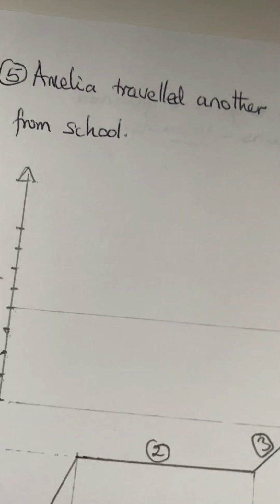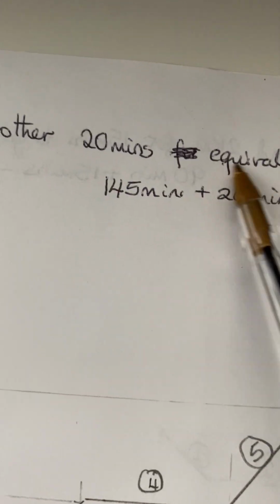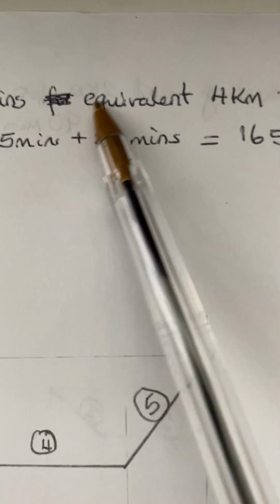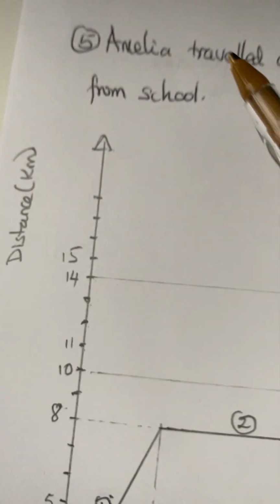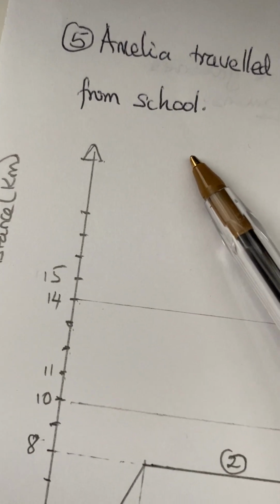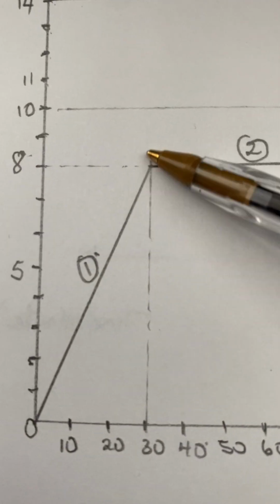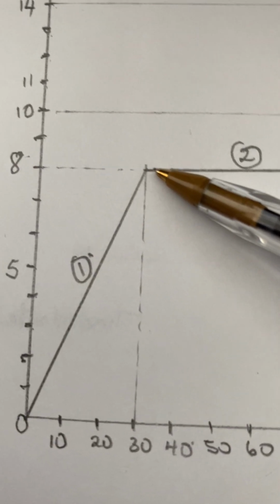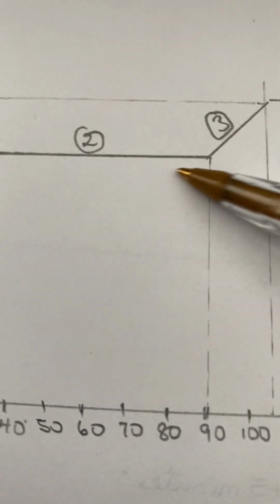Now, the fifth part. From the grocery shop, Amelia traveled another 20 minutes, which is about 4 kilometers, to collect her son Jason from school. Okay, so the first part is the journey to the meeting. The second part is the meeting.